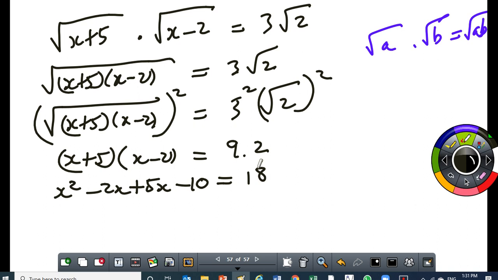Then from here, you group the like terms, then you get your quadratic equation. So you get x squared plus 3x minus 28 equal to 0.